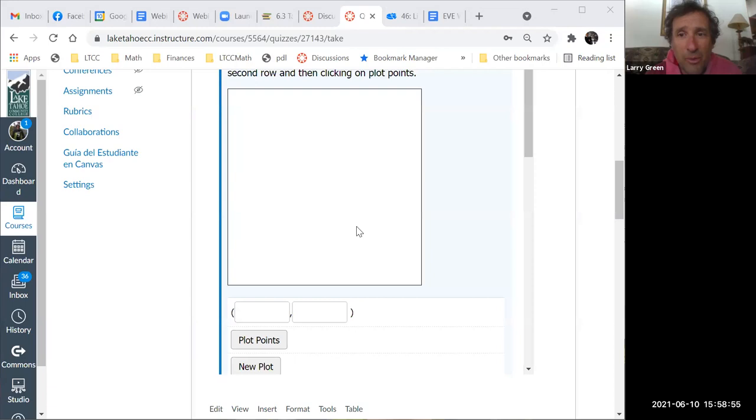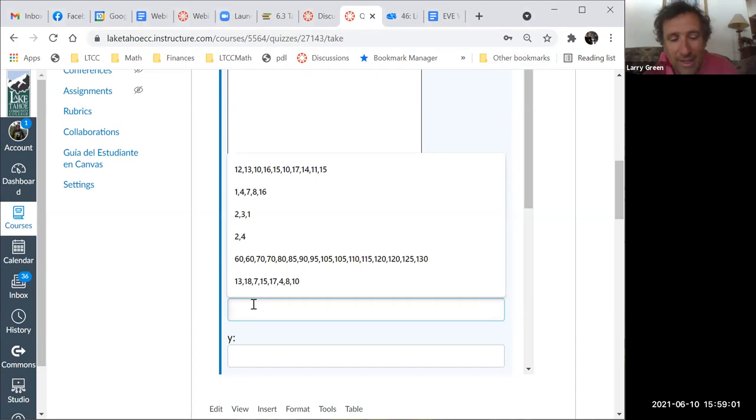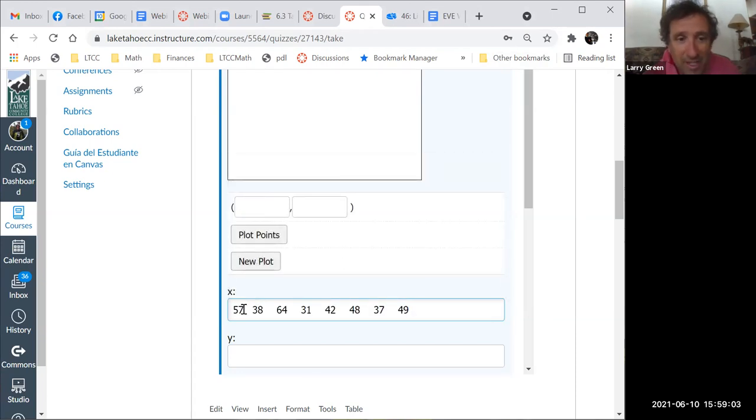You could do it one point at a time, but I find it easier to just put them in. I copied, I'm going to paste. I'm going to put commas in because that's required. Comma, comma, comma, comma, comma, comma, and comma.